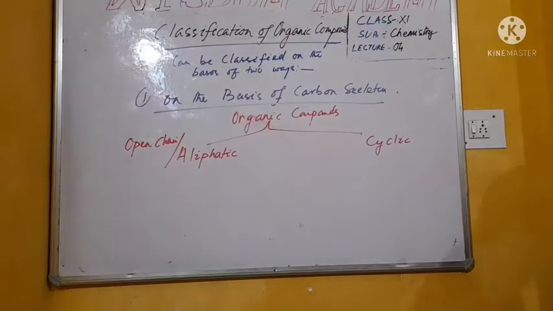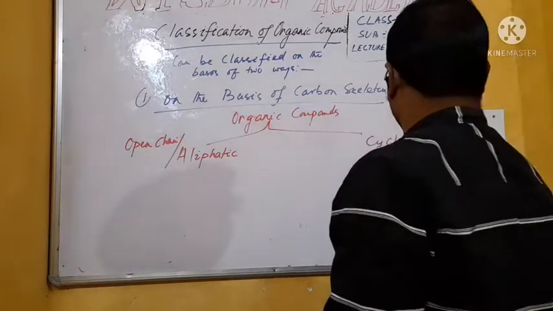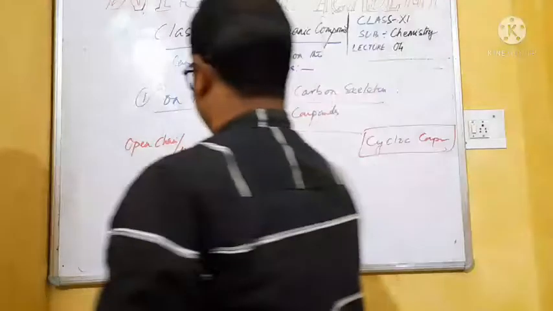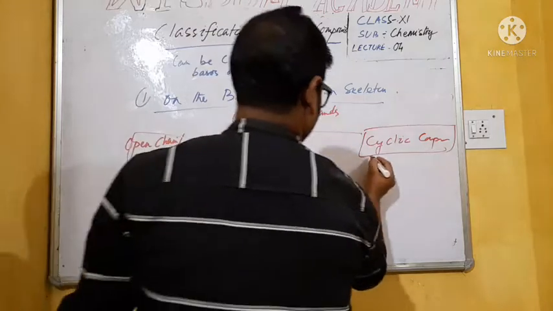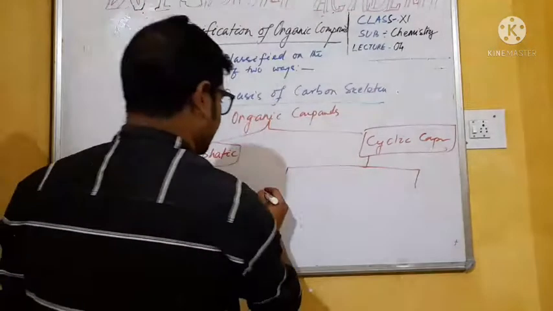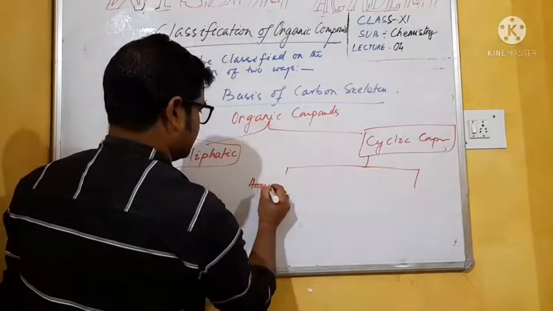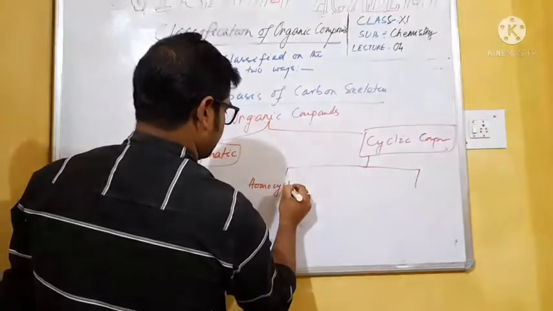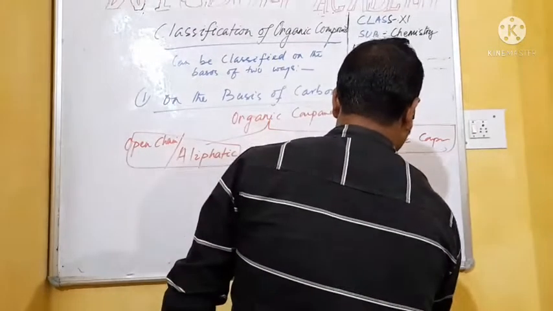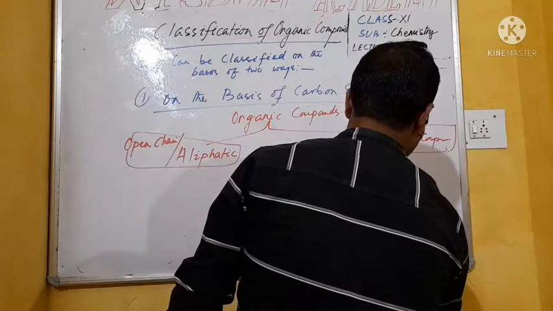Next, students, cyclic compounds are again classified into two: homocyclic and second one is heterocyclic.